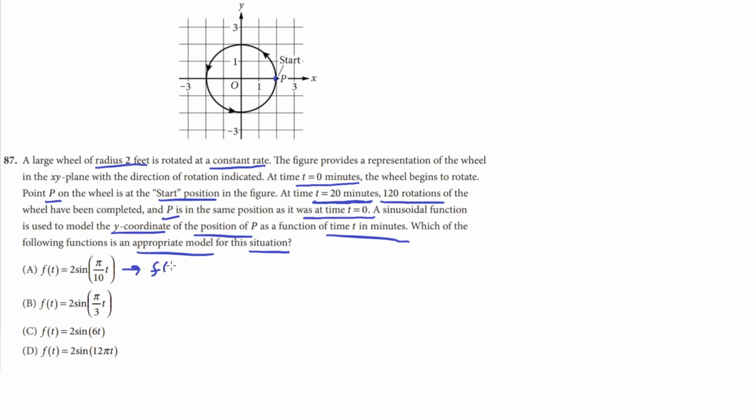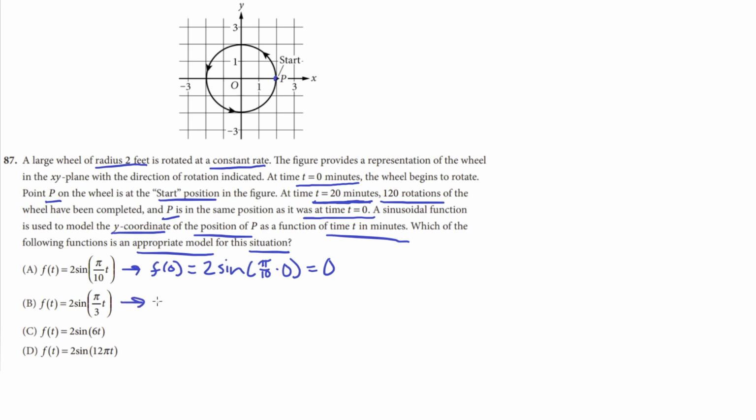For f of 0, 2 sine of pi over 10 times 0, sine of 0 is 0, so this gives us 0. That's good. At time t equals 0, the y-coordinate of P is 0, so we should be getting 0.